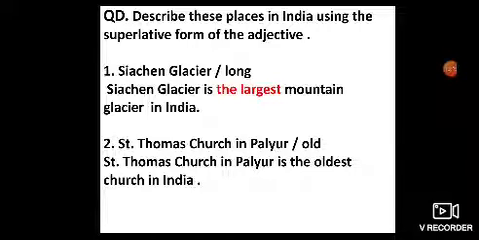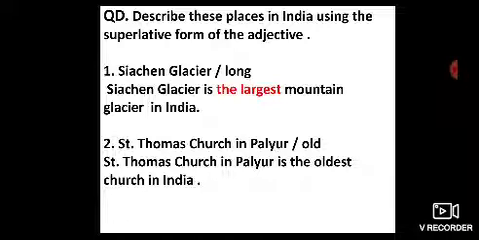Now question D. Describe these places in India using the superlative form of the adjective. In the previous one you have learned to use the comparative. Now in this you have to use the superlative form of the adjective. See the first one, Siachen Glacier, and the option given there is long.